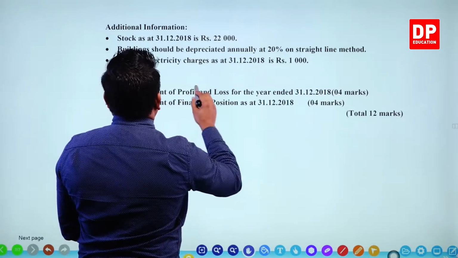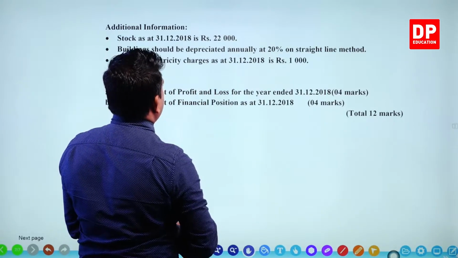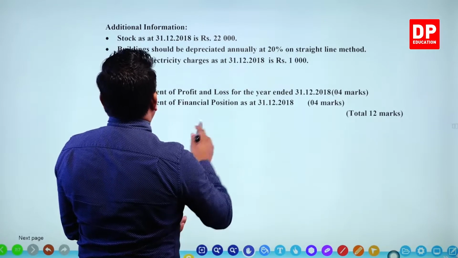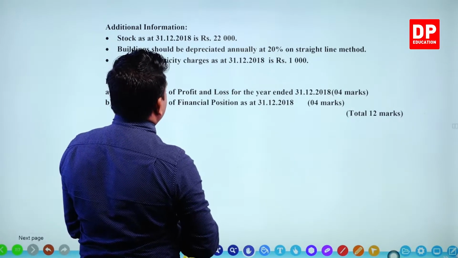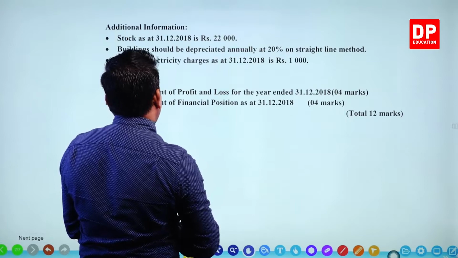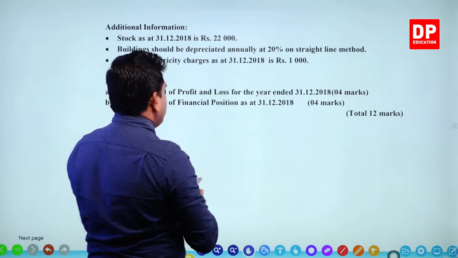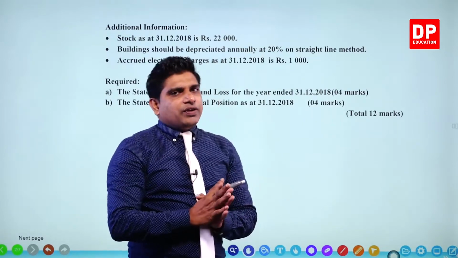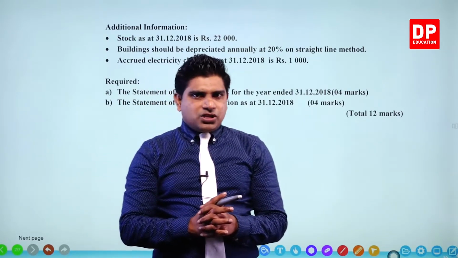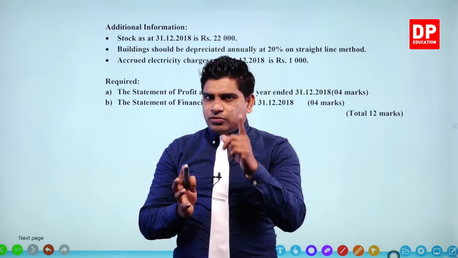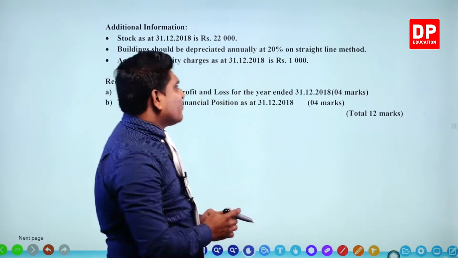Stock and building should be depreciated annually, and also accrued electricity charges, and this everything you neglect, right? We try to draw only what? How to prepare profit and loss statement and statement of financial position both.